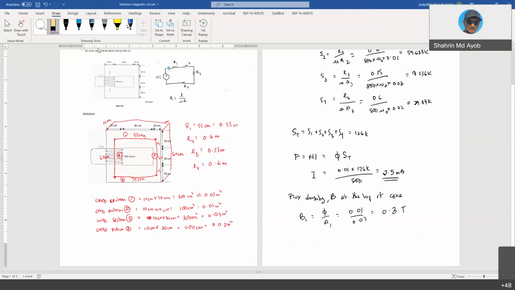Because we just moved from the question on single phase AC power. So this is not ohm. This is actually ampere turn per Weber. Yes, you are correct. Okay, thank you very much. Not ohms.